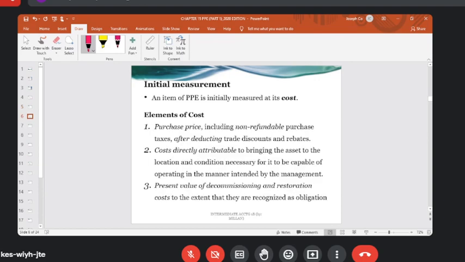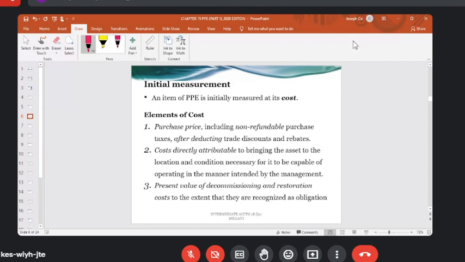Initial measurement. The initial measurement is at cost. No? These are the elements of cost.